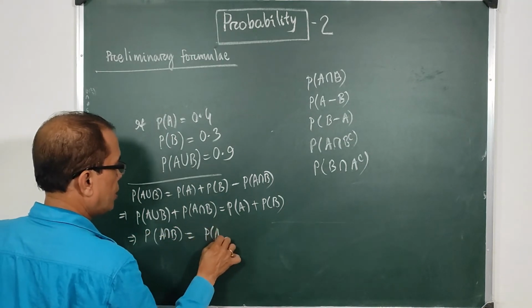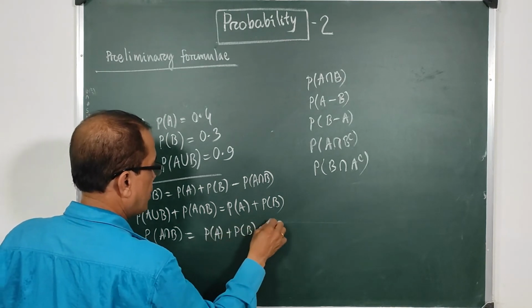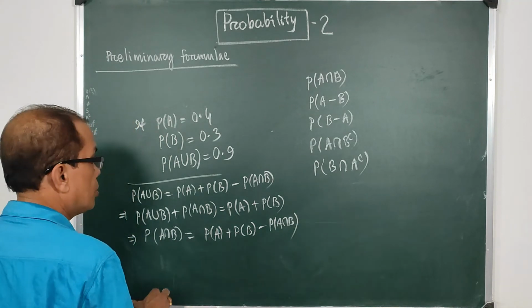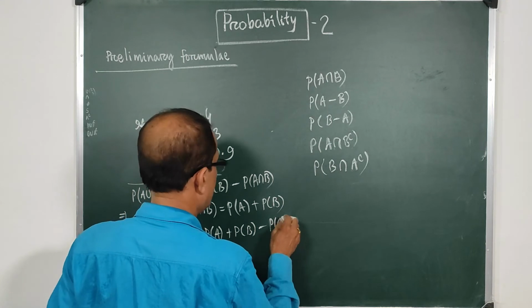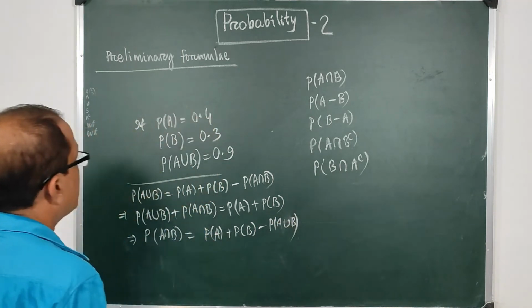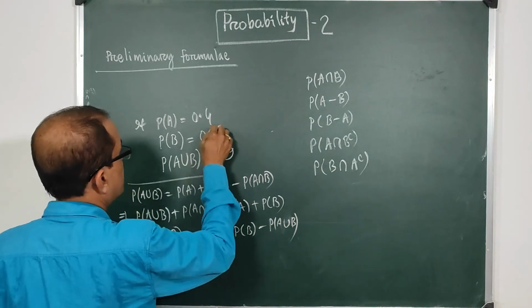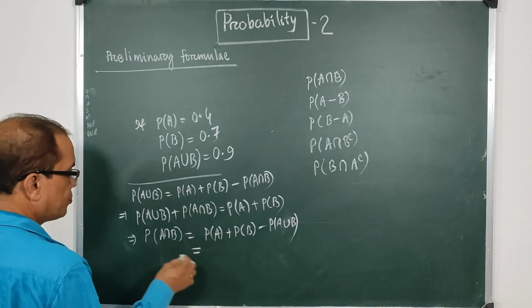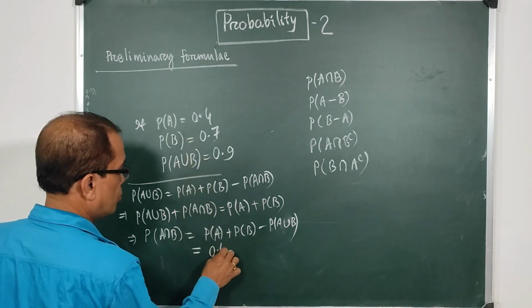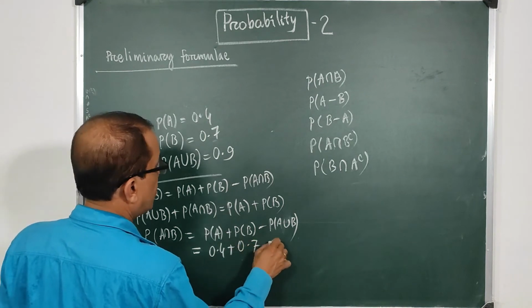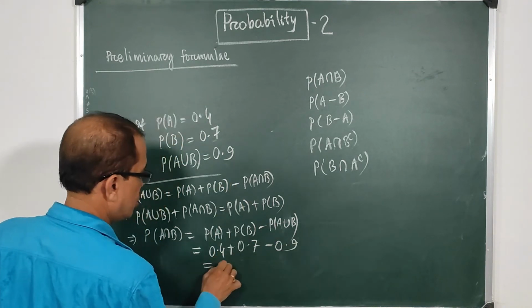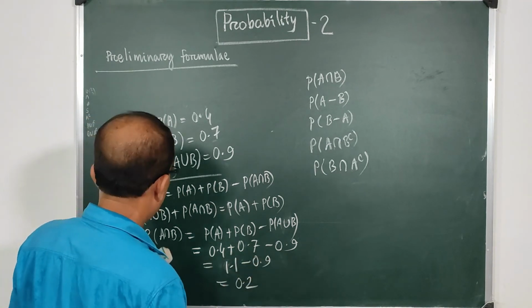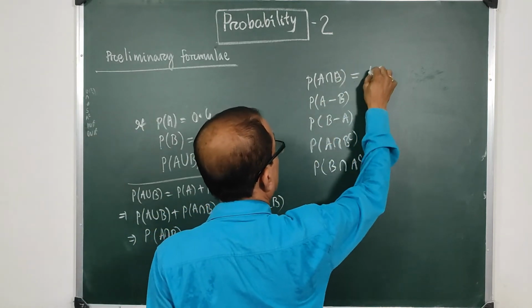This is P of A plus P of B minus P of A union B, sorry, A union B. Since probability cannot be negative, let us take P of B as 0.7. Now you can take 0.4 plus 0.7 minus 0.9, which is 1.1 minus 0.9, which is 0.2. So P of A intersection B is now available, 0.2.